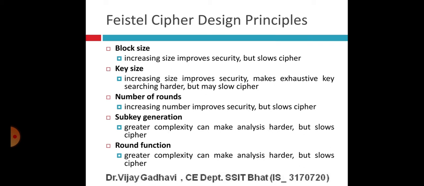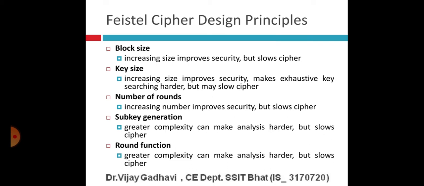First is block size, which you already know, then key size, number of rounds, subkey generation, and round function. Block size: increasing the size improves security but slows the cipher. Then next, the key size. Increased size improves security and makes exhaustive key search harder, but may slow the cipher.